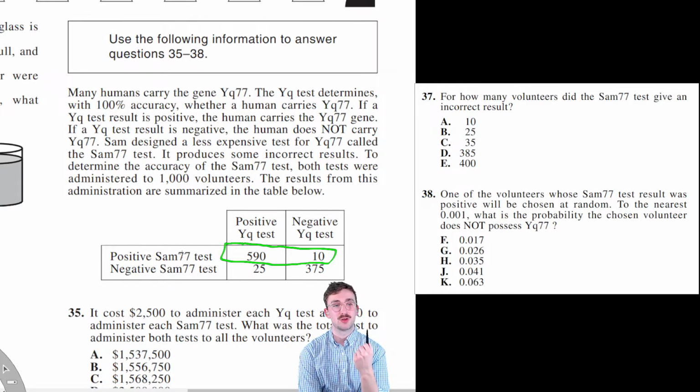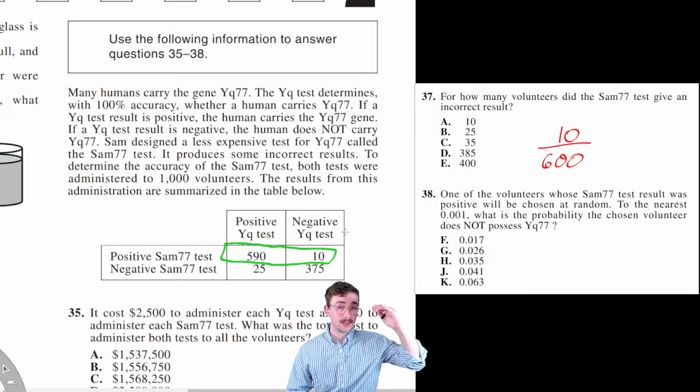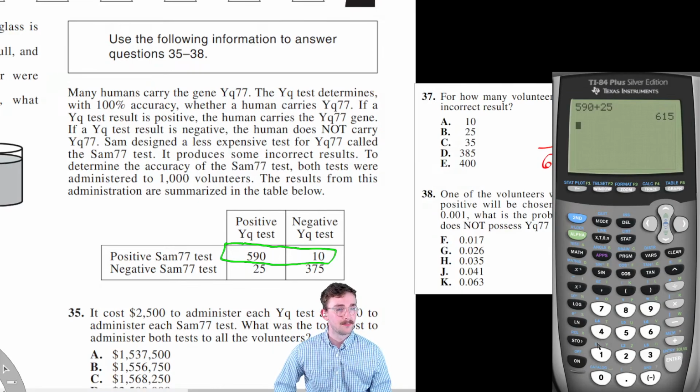What is the probability the chosen volunteer does not possess YQ 77? So does not possess is the same thing here as a negative YQ test. So that would be 10. So the probability would be 10 over 600 because it's the negative over the total, and the total is 600. So not 10 over 590, though I would bet that one of the answers is 10 over 590.